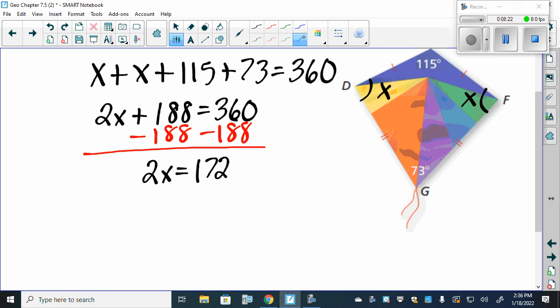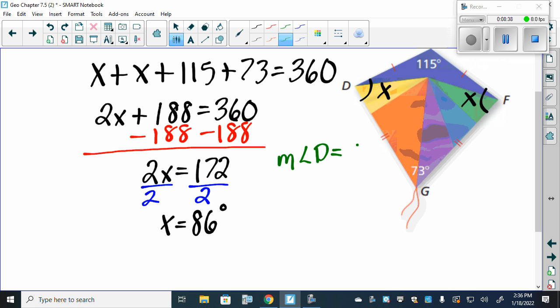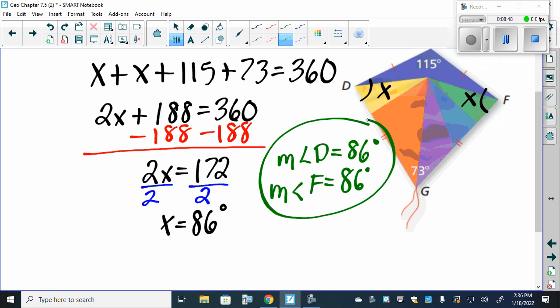And lastly, we would divide both sides by 2, telling us x is equal to 86. So the measure of angle D is 86, and also the measure of angle F is what? 86. Because both of those angles are going to be the same.